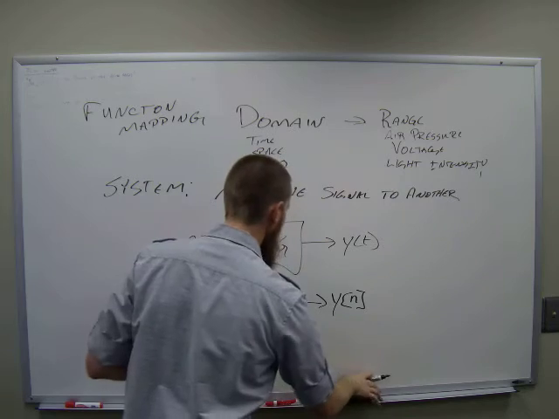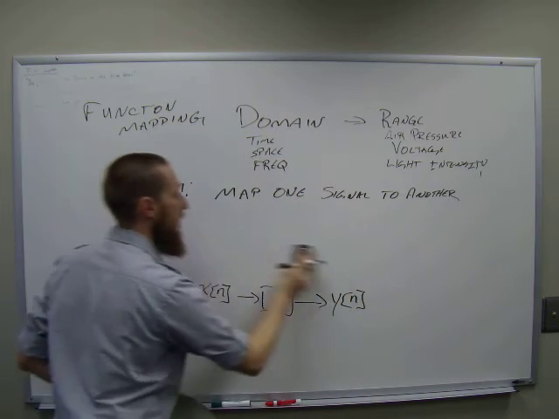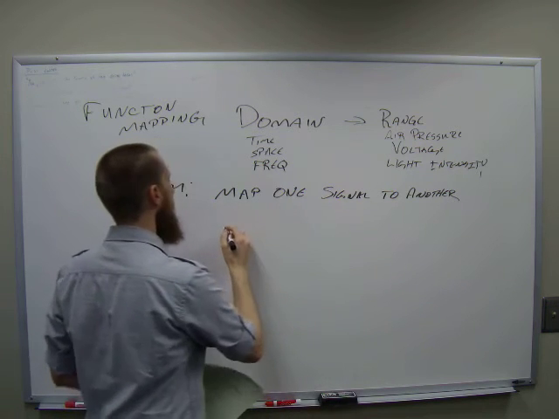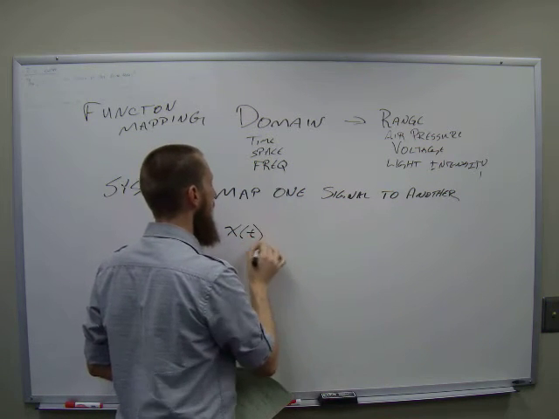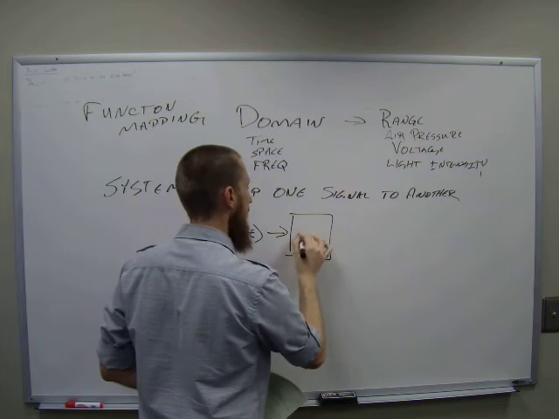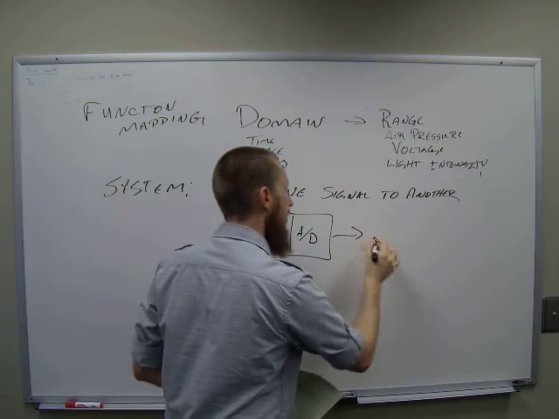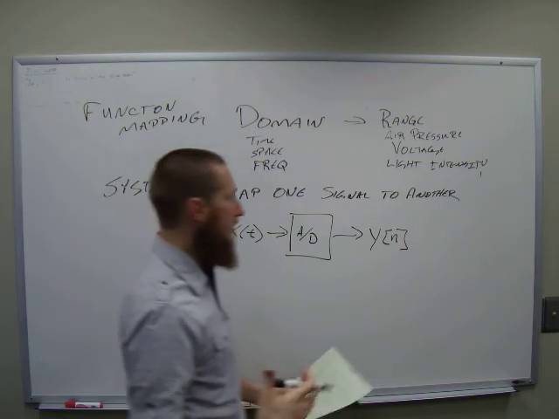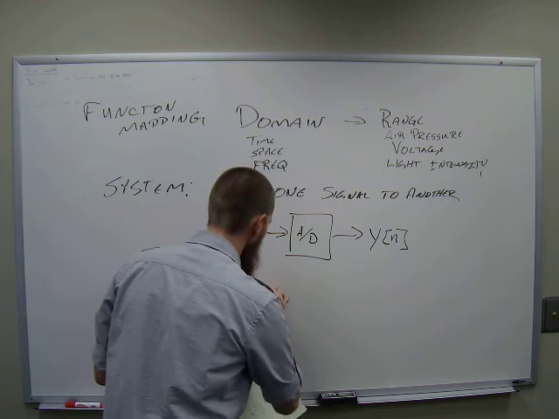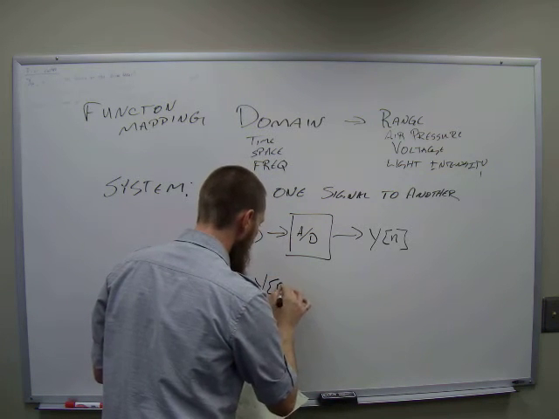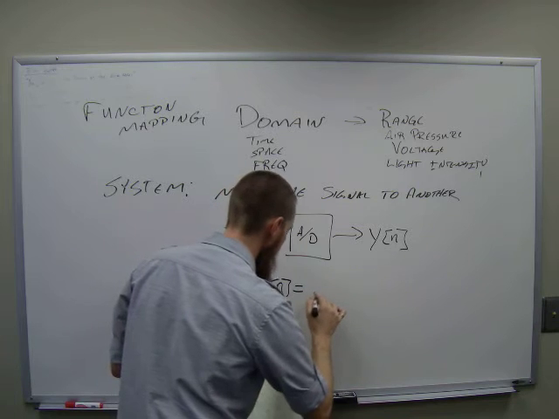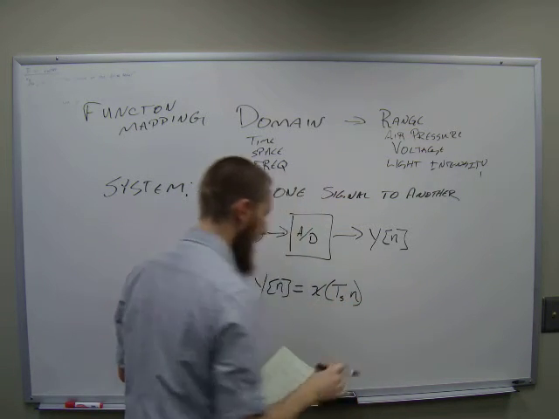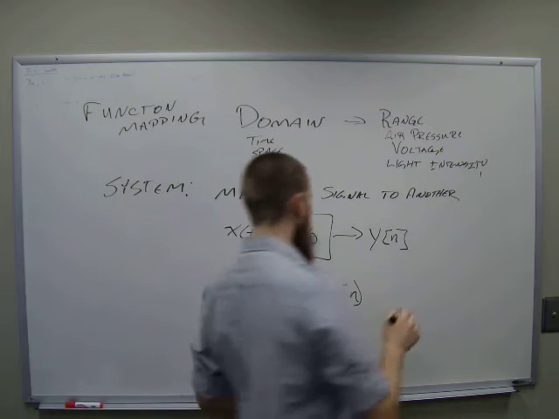However, consider the example of an analog to digital converter. The analog to digital converter is a system, and so we can have an x of t that is going to map through some system we're going to call analog to digital, and that's going to output a y of n. The equation that would represent this would look like this: y of n is going to be equal to x of t sub s of n, where t sub s is the sampling period.